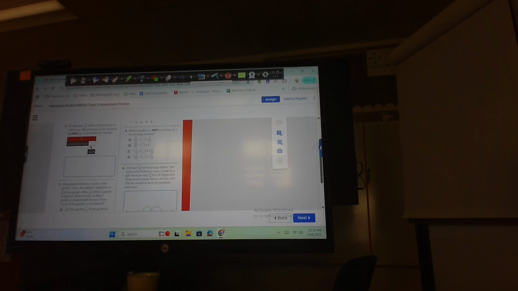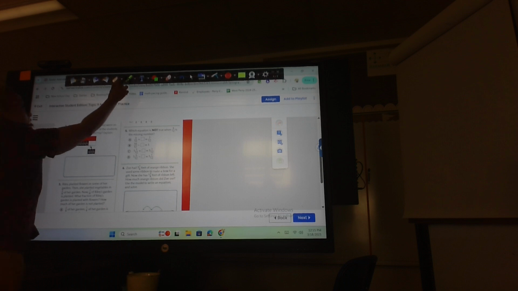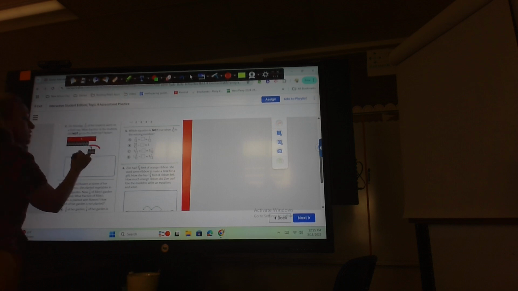Well, let's read it one more time. On Monday, 3/12 of the students went on the field trip. What should you have circled? 3/12. So it's this section that has been pulled out, right? Everybody should have circled this because those kids went.